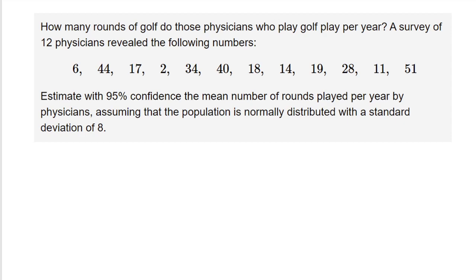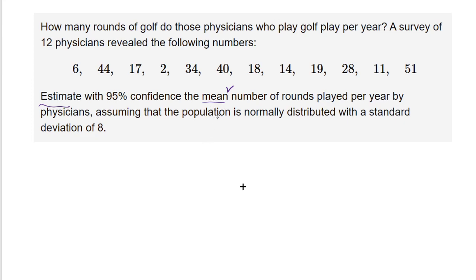Here we have a statistics question, and when you try to solve a statistics question, you need to know what type of question it is. If you read this, you see that it's asking to estimate the mean of the entire population from the sample. So the most important word here is that it wants to estimate the mean of the population, okay?